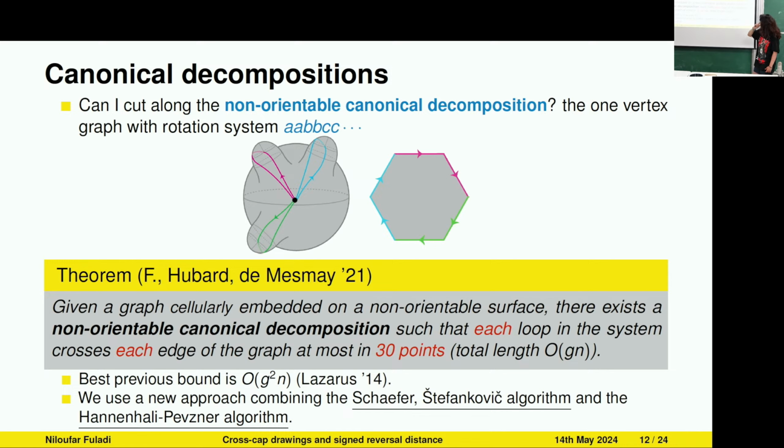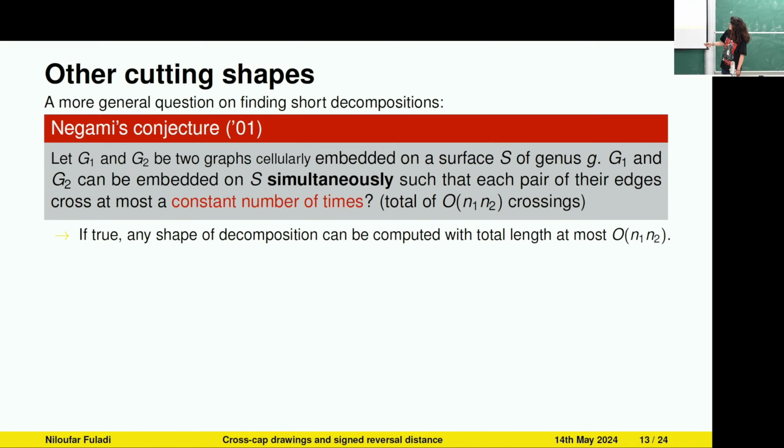So now what we do is use a new approach, using the algorithm of Schaefer and Štefankovič for crosscap drawings and the Hannenhalli-Pevzner algorithm from computational biology. Before sketching the proof, let's talk about the conjecture, which asks a more general question about other decompositions.